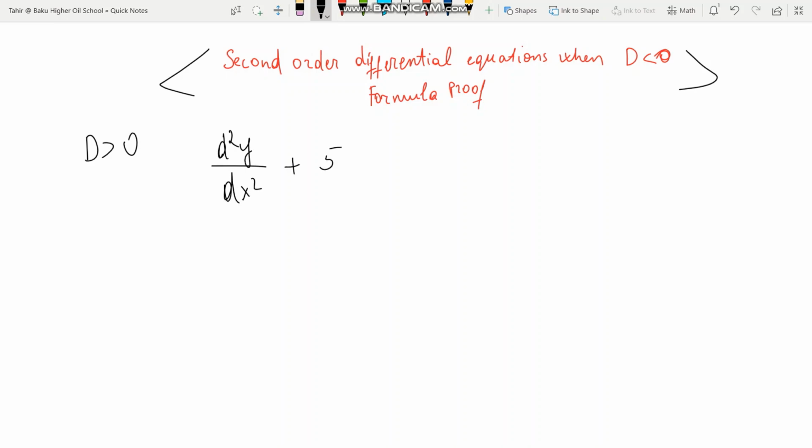plus 5 dy/dx plus 6y is equal to 0, and we will consider in this example only homogeneous cases, when our differential equation is equal to 0, so no other function is on the right hand side of our equation.